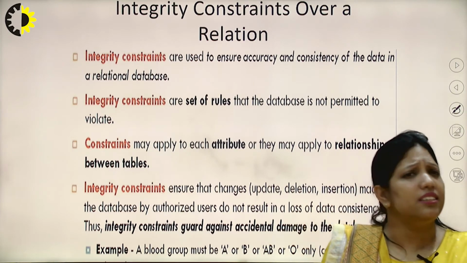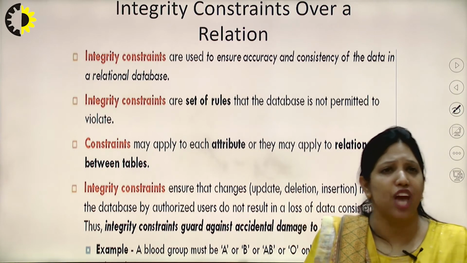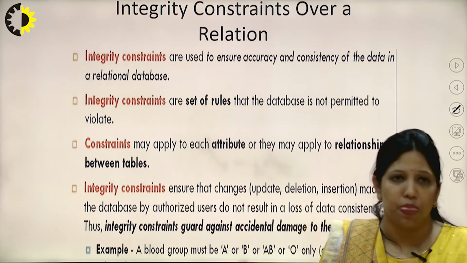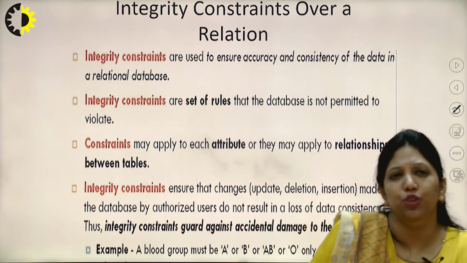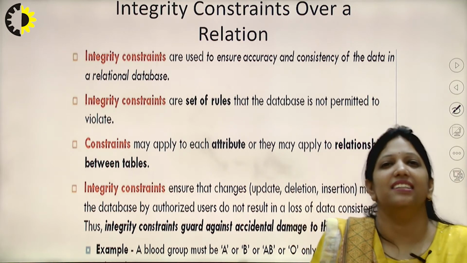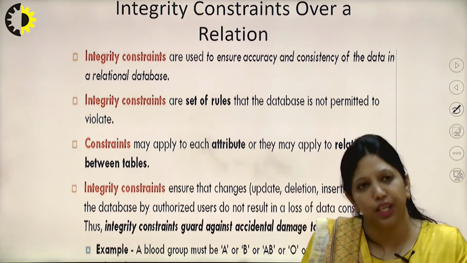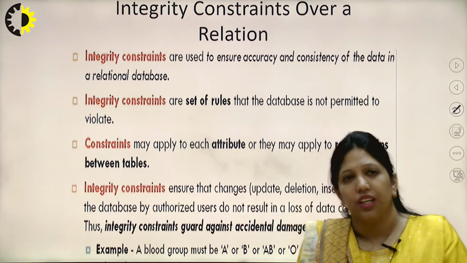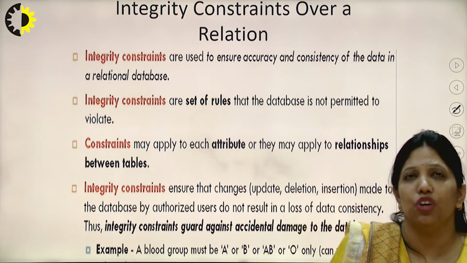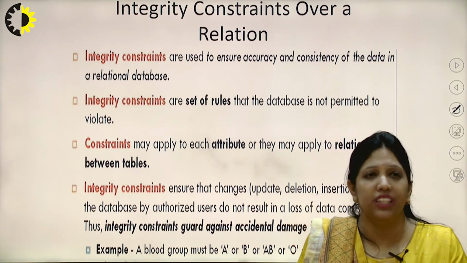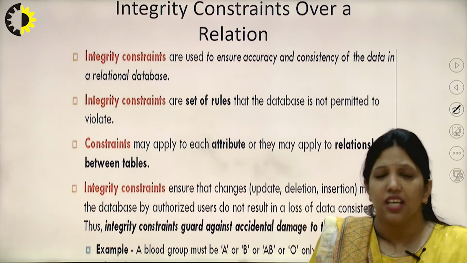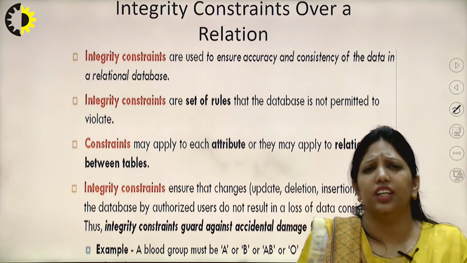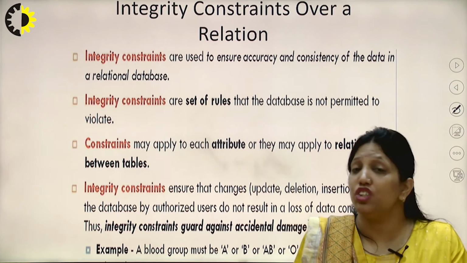So what are these integrity constraints that we apply on any relation? We use integrity constraints to ensure the accuracy and consistency of data in the relational database. Integrity constraints are a set of rules that the database is not permitted to violate.